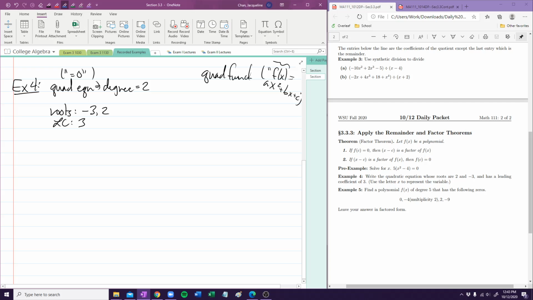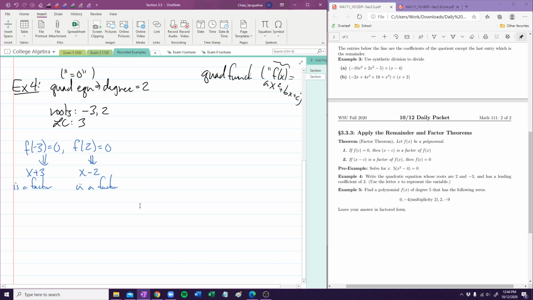Since I know negative 3 and 2 are roots, we're using the first part of the theorem. So we know that f of negative 3 is equal to 0, and f of 2 is equal to 0. So what does this imply? This implies that x plus 3 is a factor, and this implies that x minus 2 is a factor.